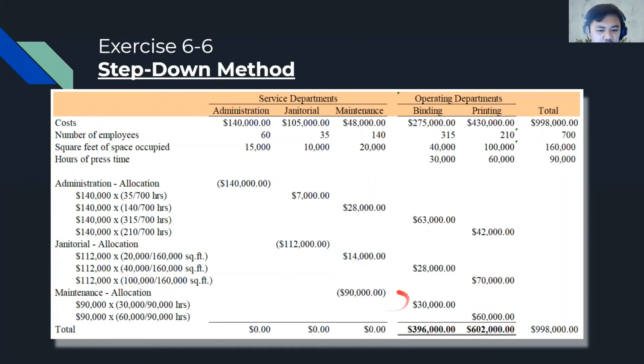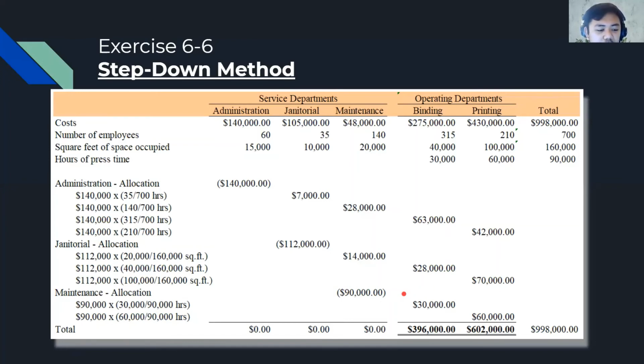First let's have the total cost to be allocated, which is the 48,000 initial cost plus the absorbed cost from administration, which is 28,000, plus the janitorial cost of 14,000. It will all equal 90,000.